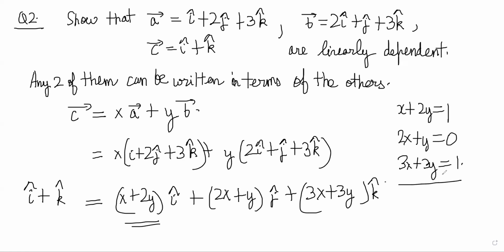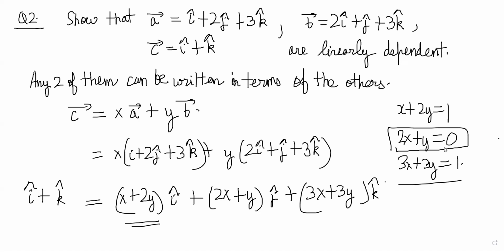Right? So solving this, we can easily see that x is minus 2y. And from there, if you put it in this equation, you get minus 4y plus y, so y is 0 is coming. Okay, I'm making a mistake in calculations. 2x plus y is 0, x plus 2y is 1.